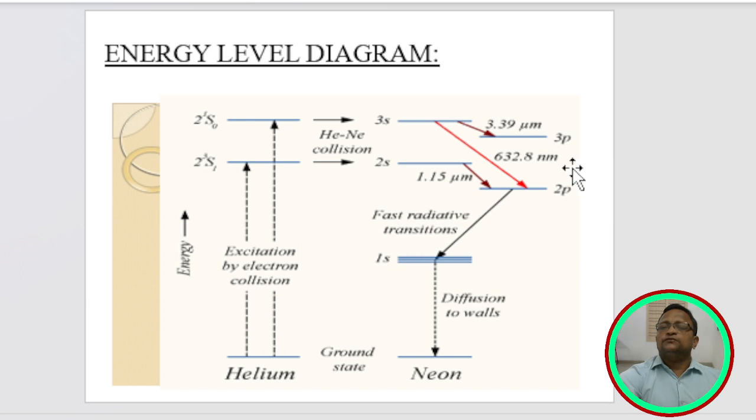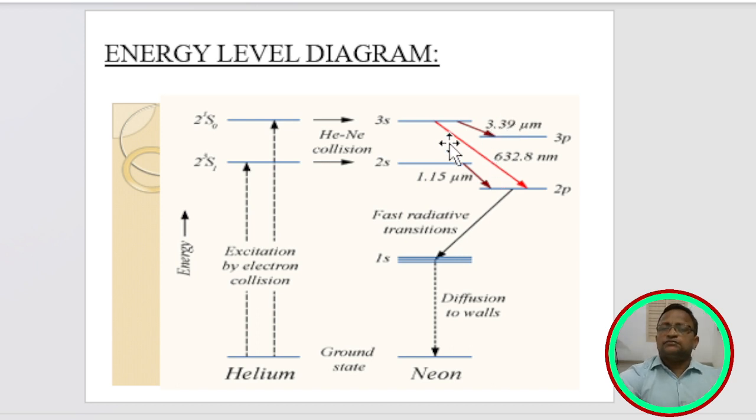They come to the metastable states, that was the 3s state, and from the 3s state to the 3p state, these are all non-radiative decay transitions. That means the energy is lost in the form of thermionic emissions or collisions, or the energy may be lost in the form of heat energy in the collision process.